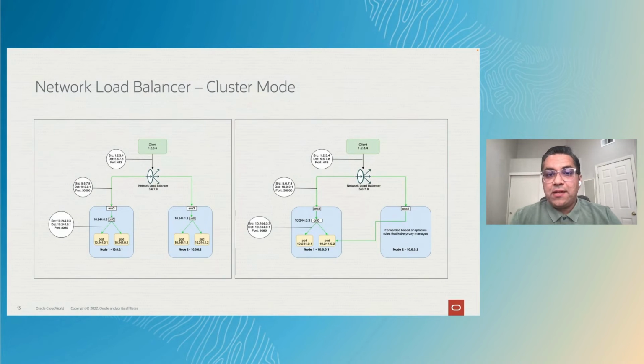Now, the next mode is what we call the cluster mode. The cluster mode is the default external traffic policy for Kubernetes services. The assumption here is that you always want to route traffic to all the pods running a service with equal distribution, and preserving the client IP address is not really required.